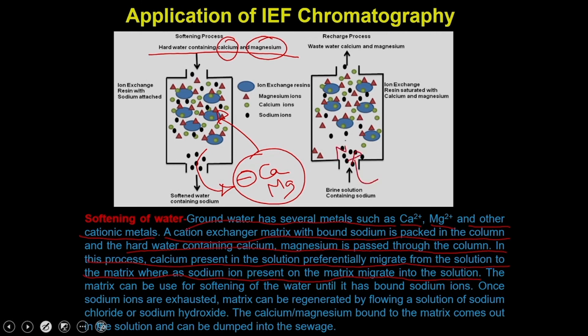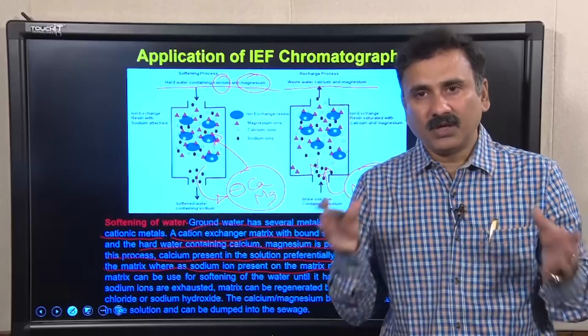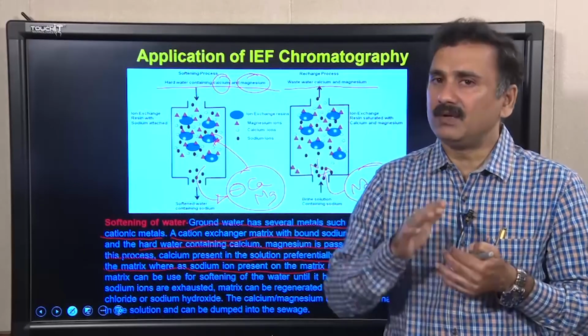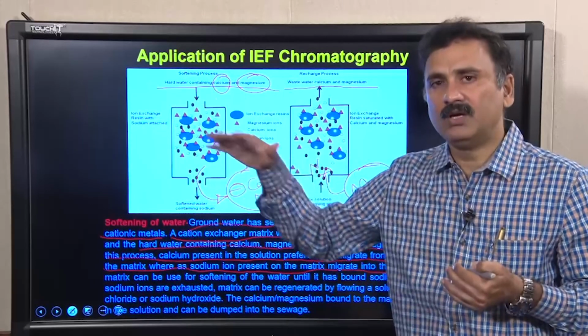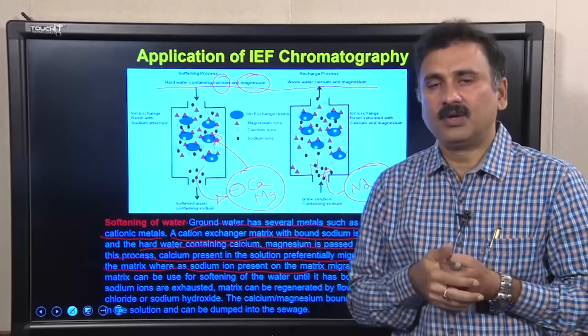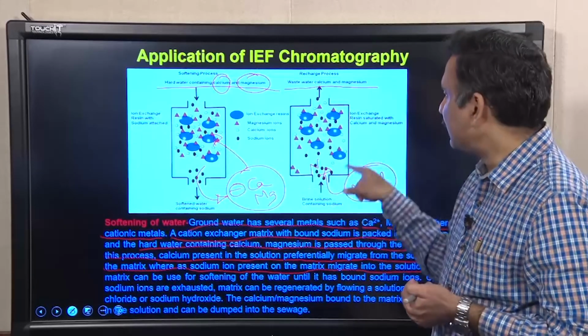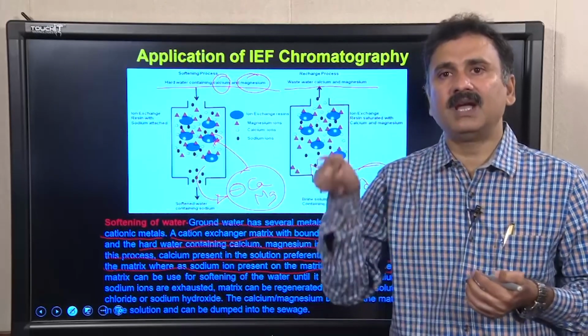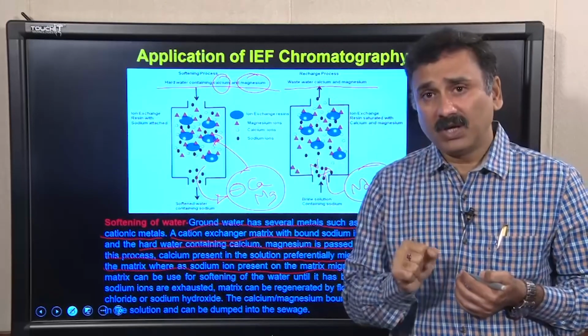Afterwards, you can flow a solution of NaCl, and all the calcium and magnesium trapped from the water is displaced from the matrix and comes out, and that can be discarded in a suitable place. Then this cartridge is again ready to use, so it can be used on several occasions.